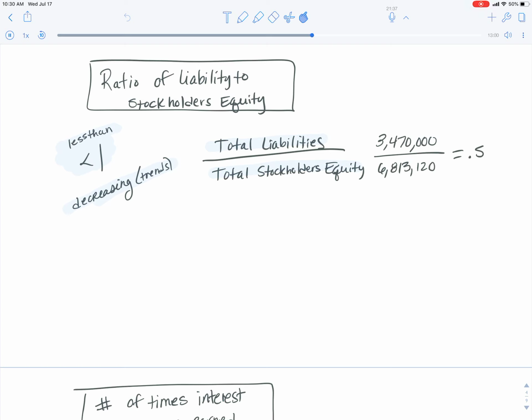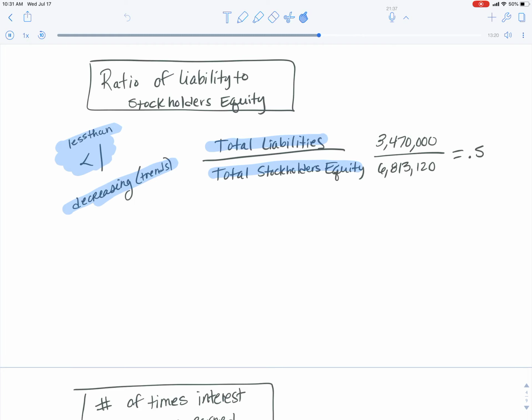So we want this number to be less than 1. And in trends, we'd like to see it decreasing. So you're going to take your total liabilities, that includes current and long-term, and divide it by your total stockholders' equity to get your answer.